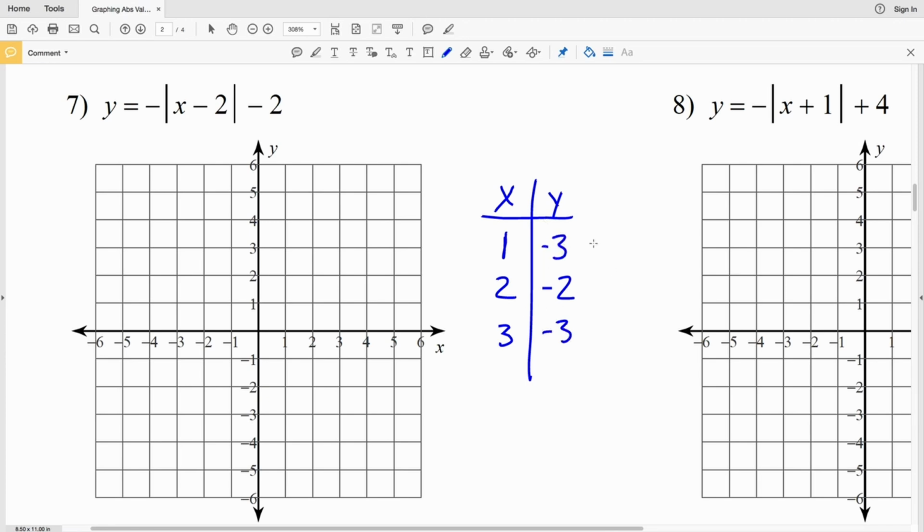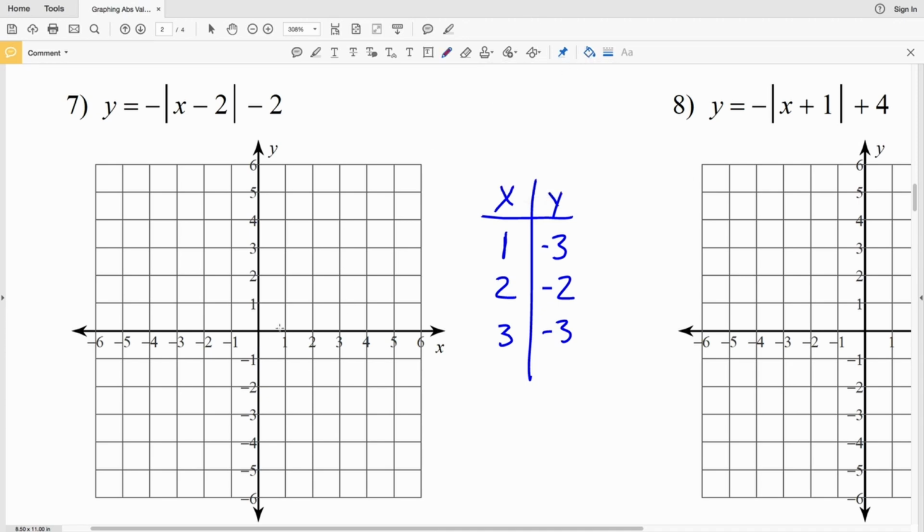And if you don't feel comfortable, still feel free to plug in that 1, or you can do it now and double check. 1 minus 2 gives us a -1. The absolute value of -1 is +1, but we're taking the opposite of that +1. So it's a -1 minus 2, which gives us, again, a -3.